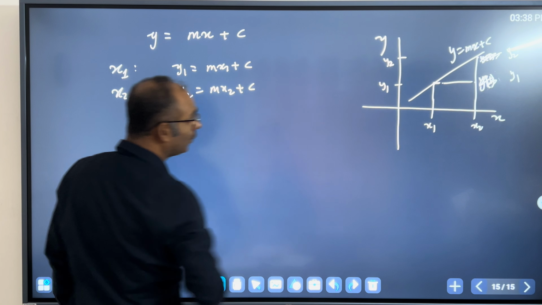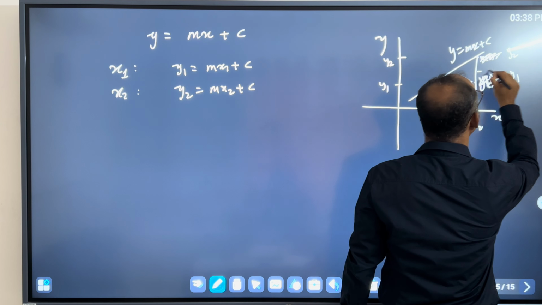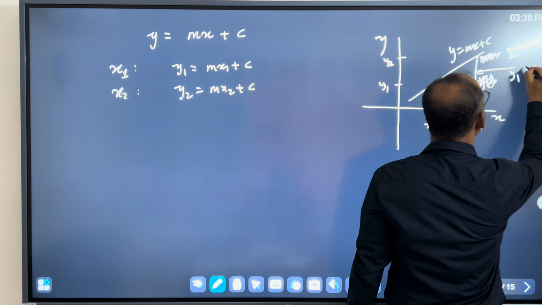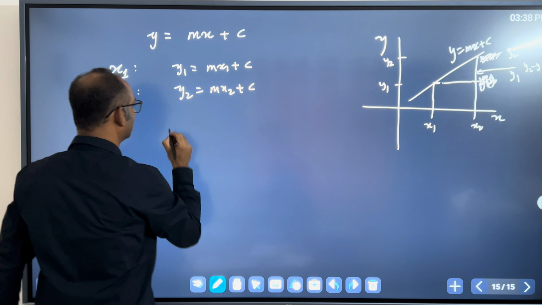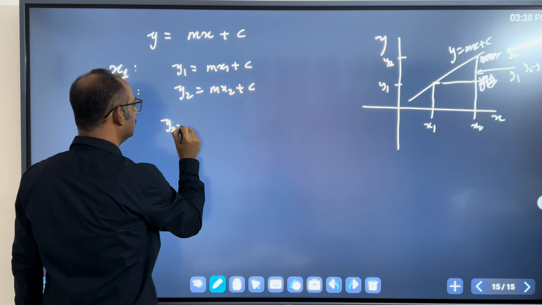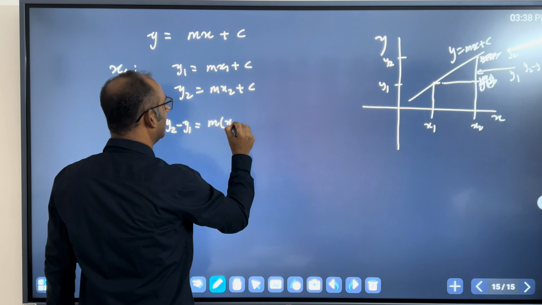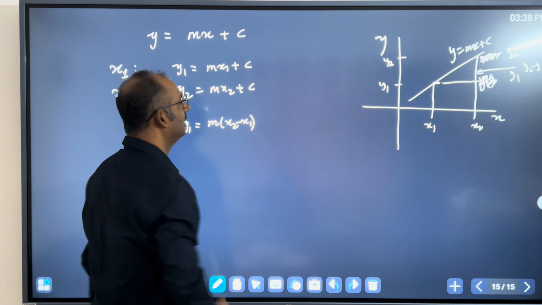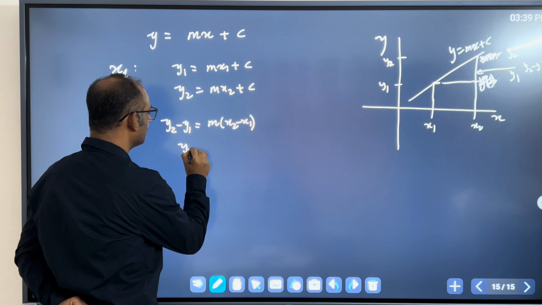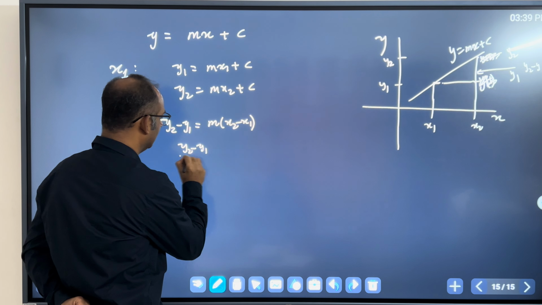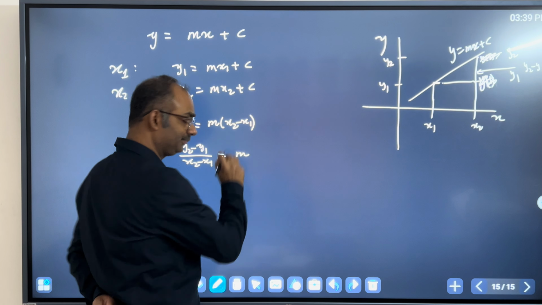So I want to know y2 minus y1, because this height is y2 minus y1, right? From here to there, it's y2 minus y1. So what is y2 minus y1? I subtract the two. From there I get y2 minus y1 is equal to m of x2 minus x1, and c cancels out. So you see, y2 minus y1 divided by x2 minus x1 is equal to m.